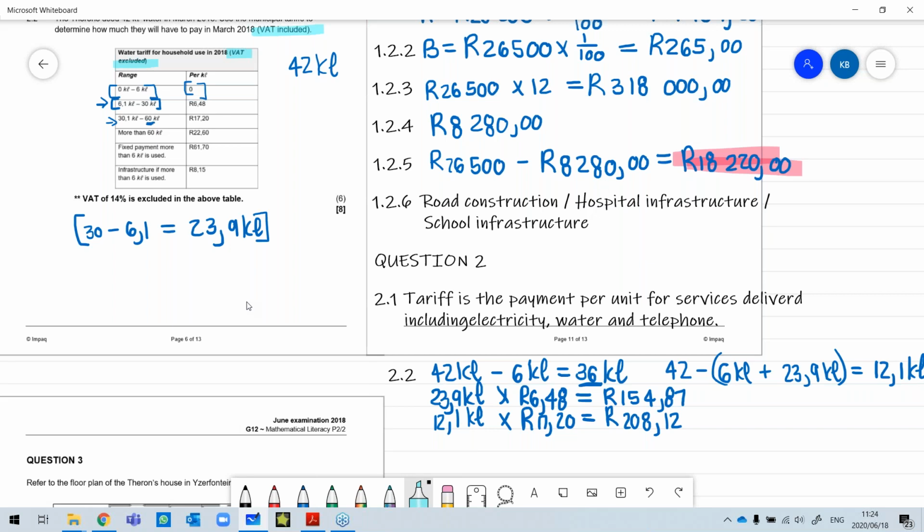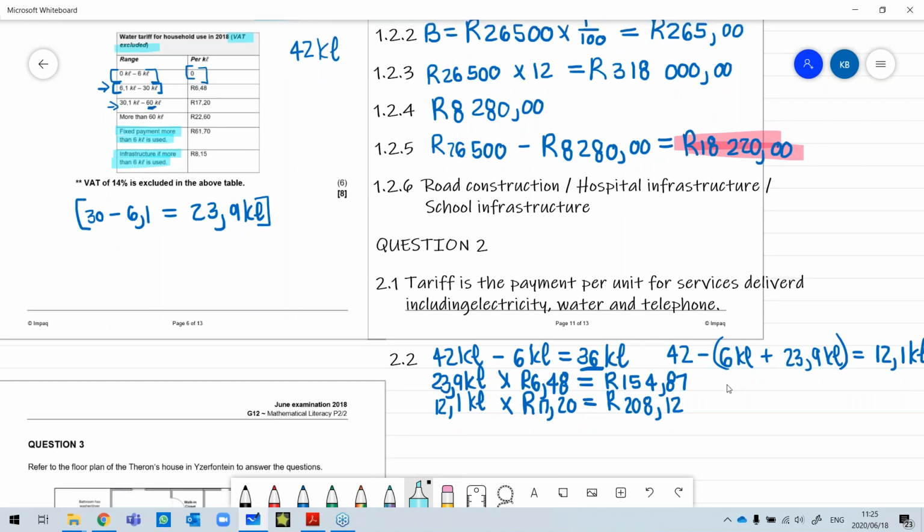Now, the next important thing to take note of is in your table, there is a fixed payment for more than 6 kiloliters used. And there's also infrastructure costs if more than 6 kiloliters is used. So the following calculation will have to be made.